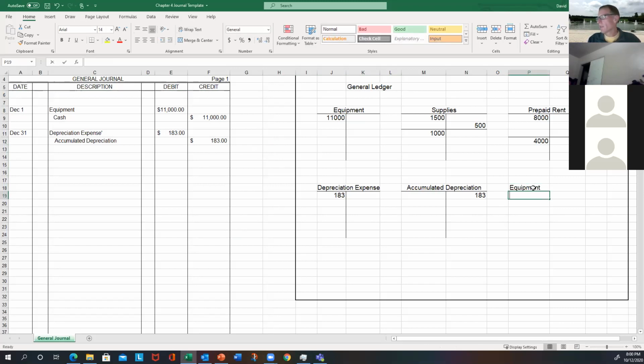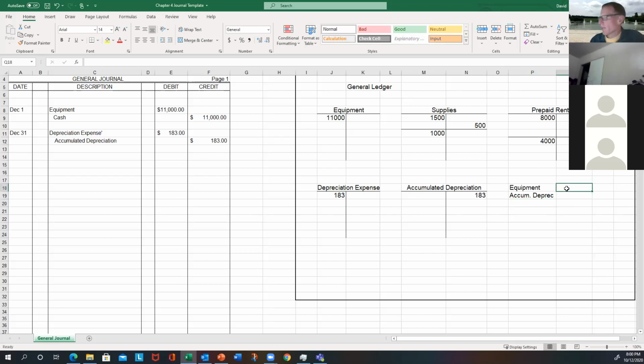You've got equipment, and then you have accumulated depreciation. You would take that $11,000 and you would subtract $183, and you would get what's called a book value, of the difference.